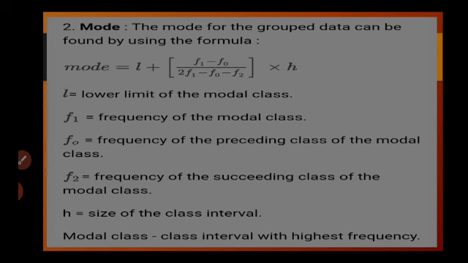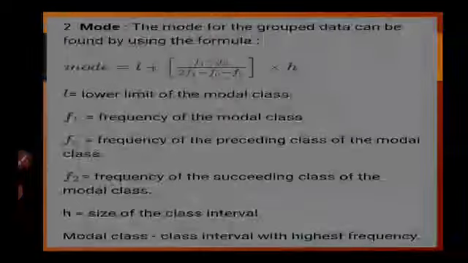F1 is the frequency of the modal class, F0 is the frequency of the class preceding the modal class, F2 is the frequency of the class succeeding the modal class, and H is the size of the class interval. Modal class is the class interval with the highest frequency. The class which has the highest frequency is called the modal class.